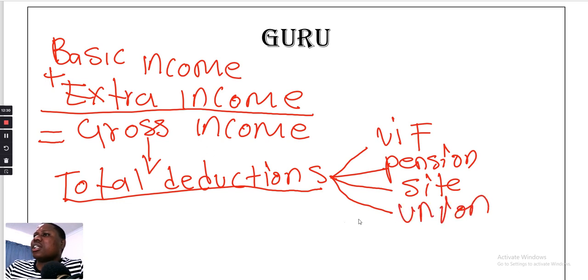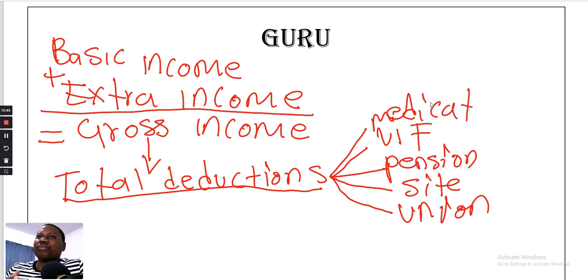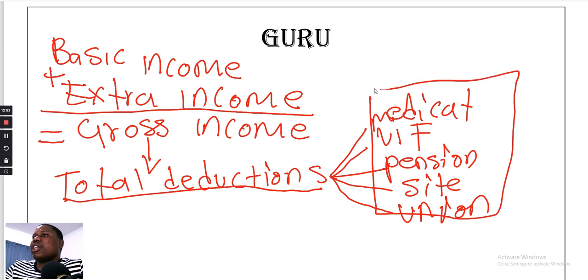Everyone who is working has their own union and contributes monthly to it. We have medical aids too. So the deductions are many. When you are given all of these, you add them together and you get your total deductions. Then what is a net pay?